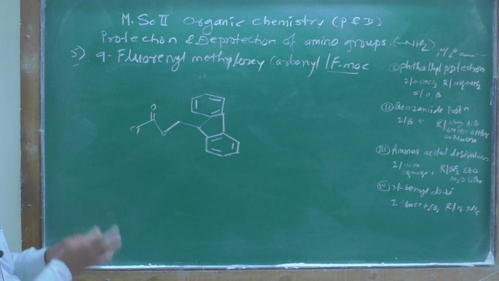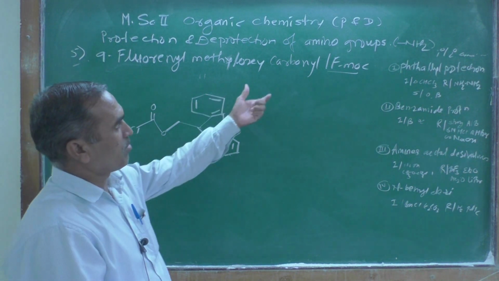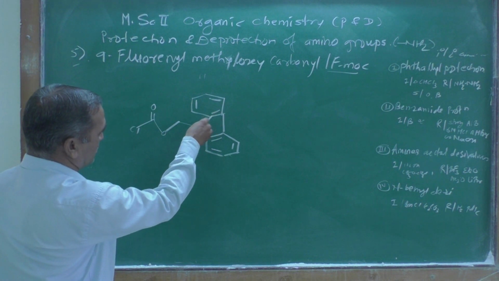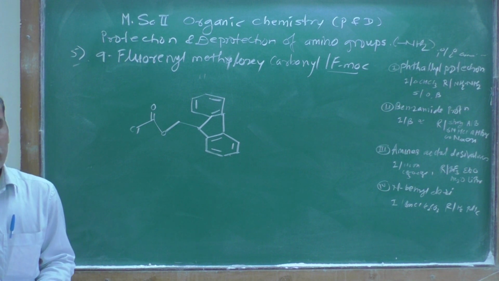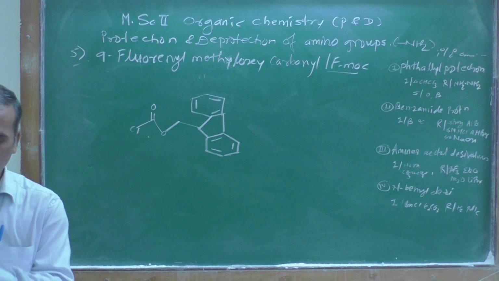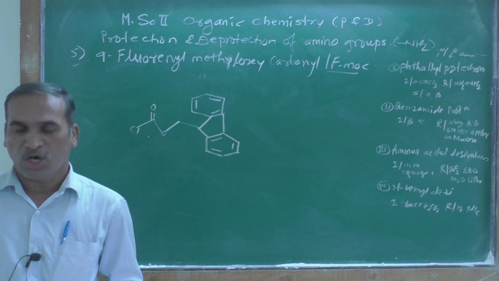So this is the structure of 9-fluorenylmethyloxycarbonyl, Fmoc. This position is 9, and that's why it is known as 9-fluorenylmethyloxycarbonyl, which is pronounced as Fmoc.